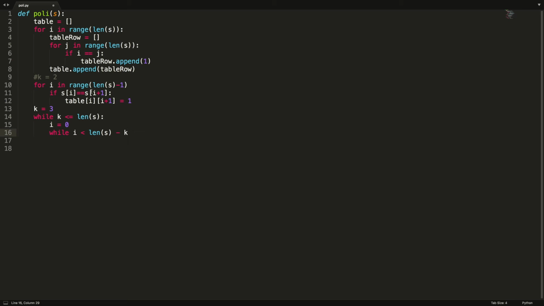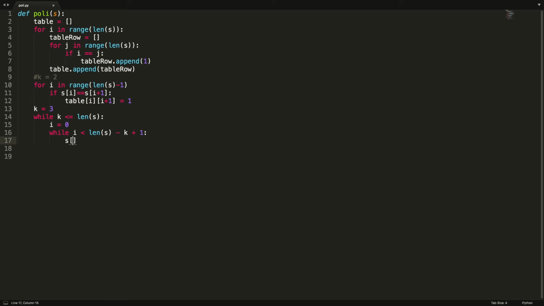So here we need length minus 1, but minus k, but we still need plus 1 because the index is from 0. Yes. We will check the string.